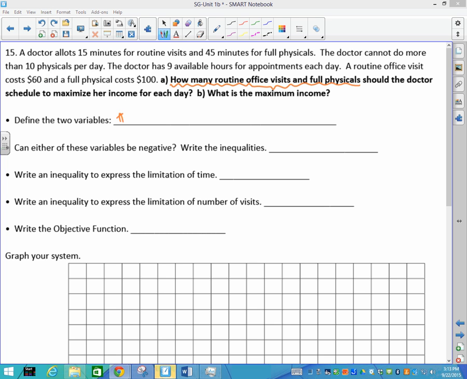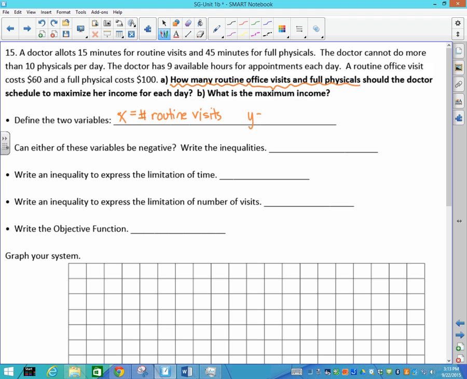So I'm going to have x equals the number of, whatever you want to call it, let's call it routine visits.